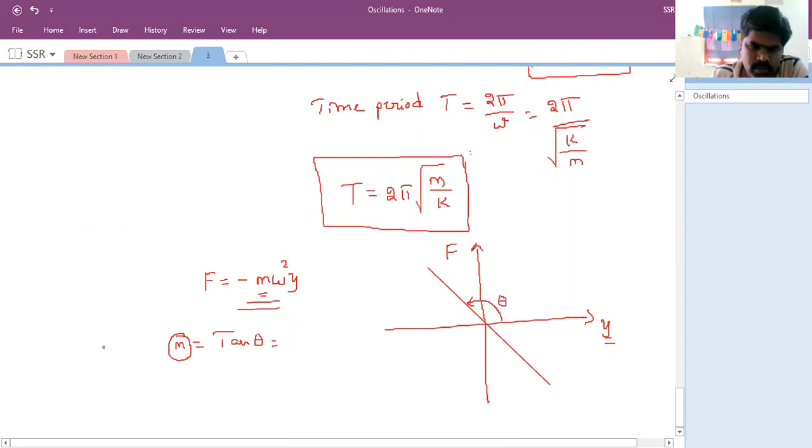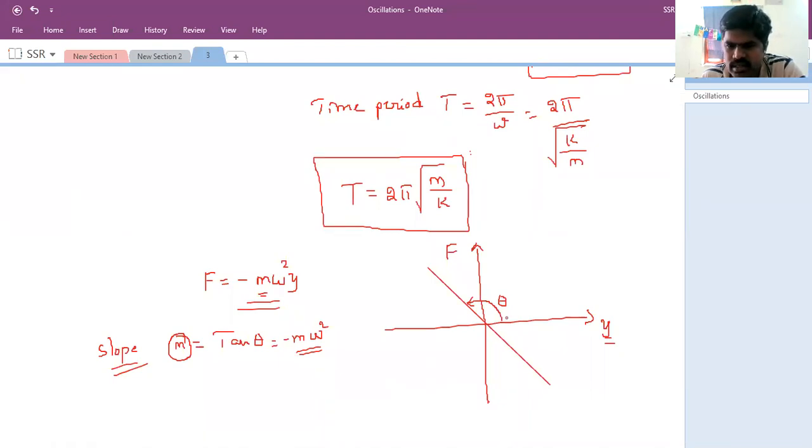The slope, let us say m dash, is equal to tan theta, which is equal to minus m omega square. Are you clear on this? So this is like the acceleration displacement equation, slightly deviated by the product of mass. That's it.